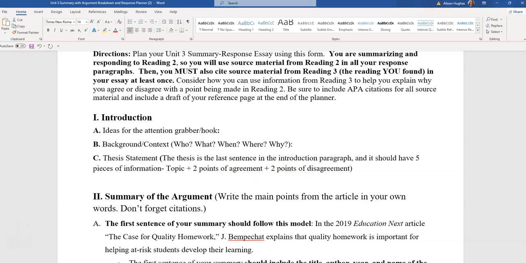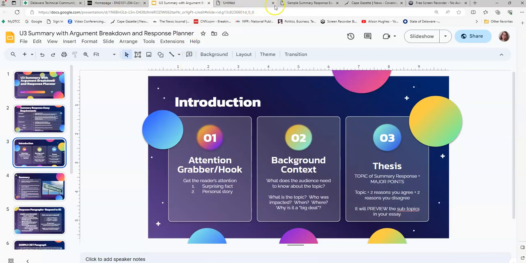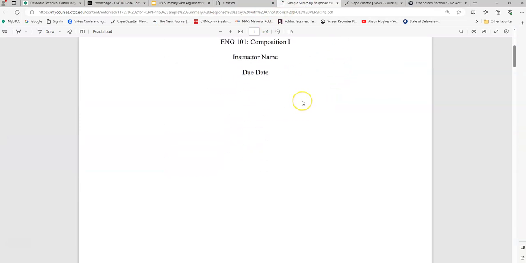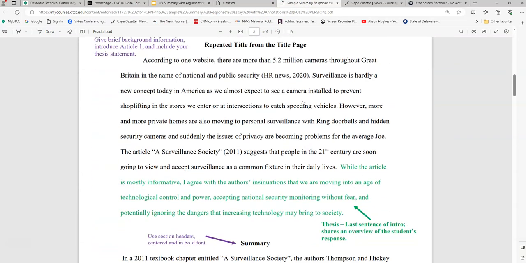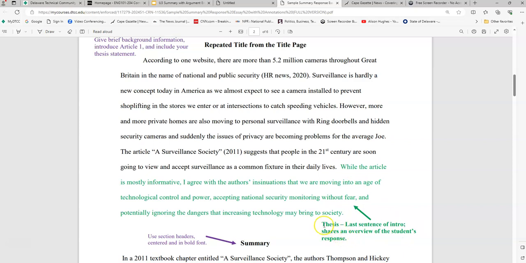Now, let's take a look at the sample essay in the course. So here's the sample essay, and when I scroll down to the introductory paragraph, I can see that the thesis is here in green font, okay? And the note says the thesis is the last sentence of the introduction, and it shares an overview of the student's response.